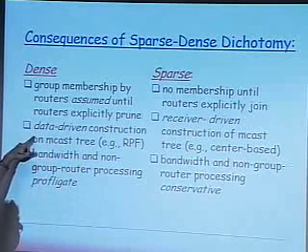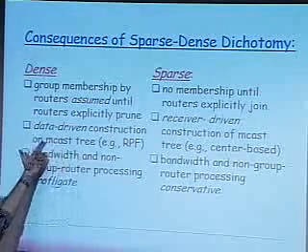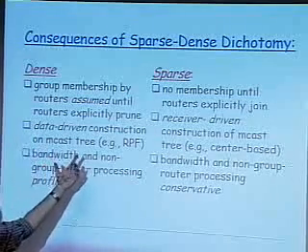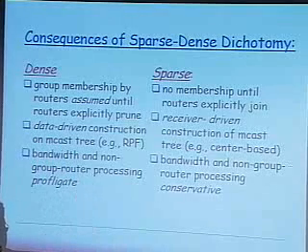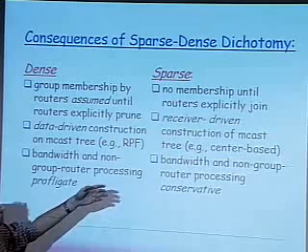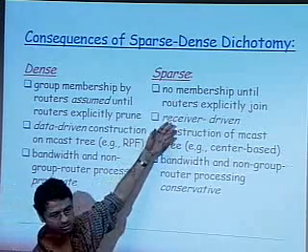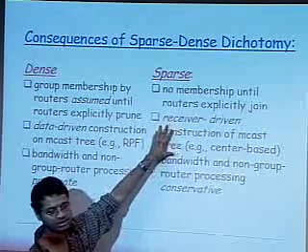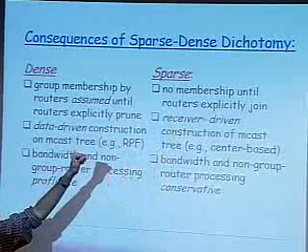In dense mode, the construction of the multicast tree is data driven. What do you mean by data driven? You do this reverse path forwarding. As the multicast group data forwards along on the network, the tree is constructed or pruned. In the sparse mode, the multicast group is constructed by the receiver.